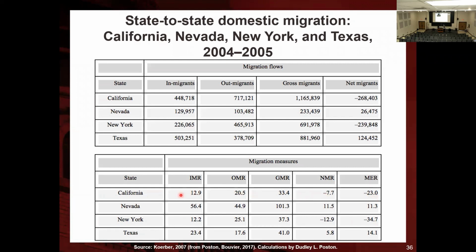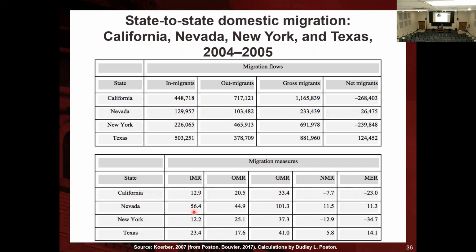And then you could say, oh, Nevada, you don't see as much because you just see 129,000, 103,000, 26,000. These numbers are so much smaller than California. If you think about the absolute number, it might seem small, but if you take into account the size of the state of Nevada, then you see that the rates are actually stronger than the ones that we measured for California, right?